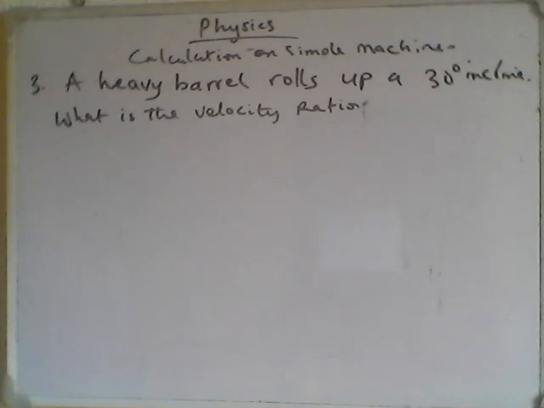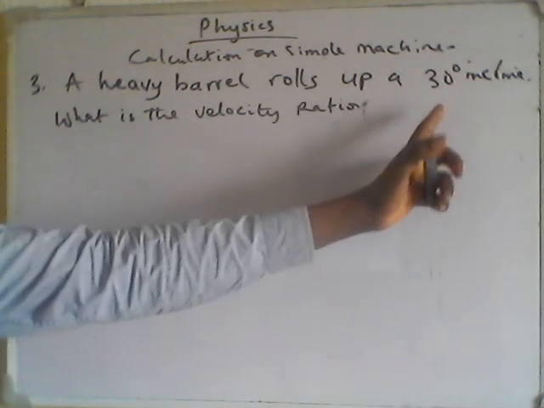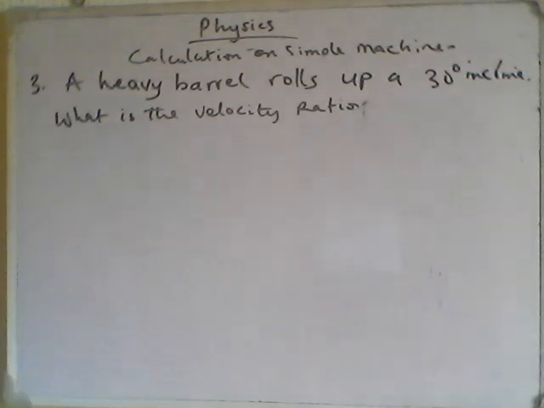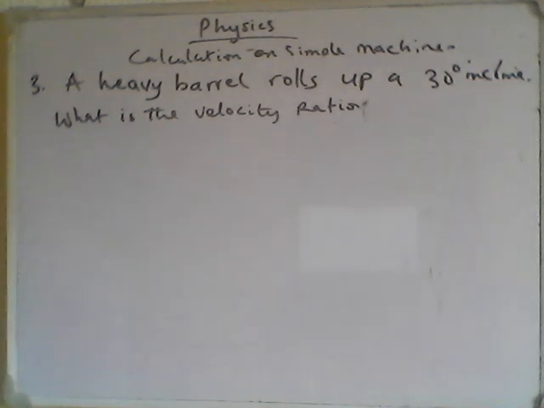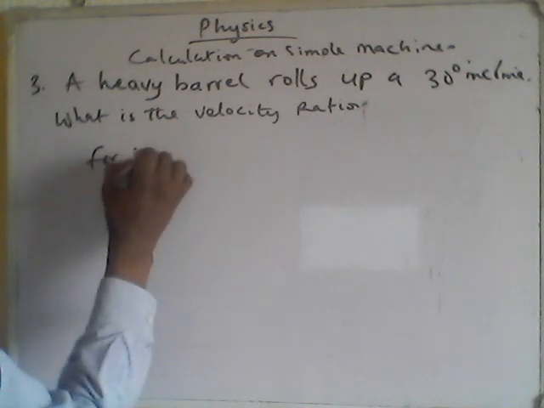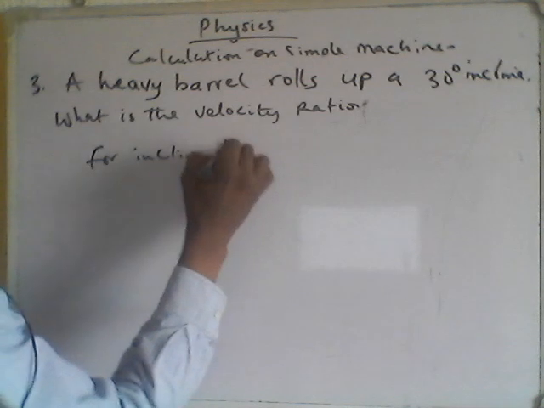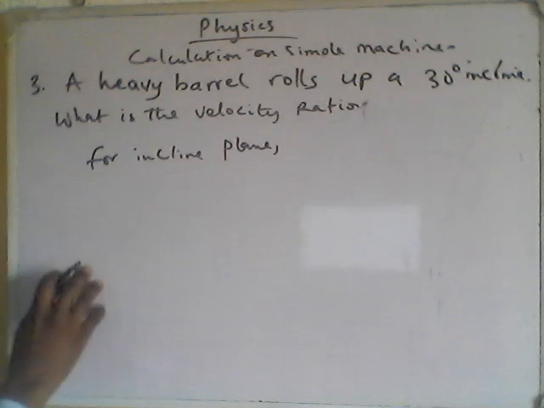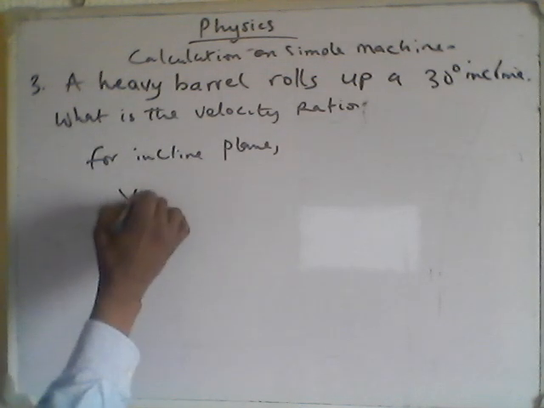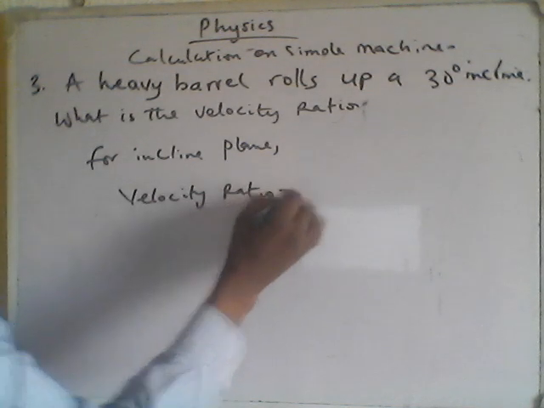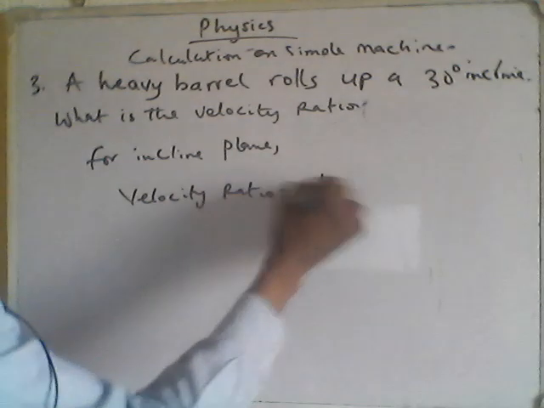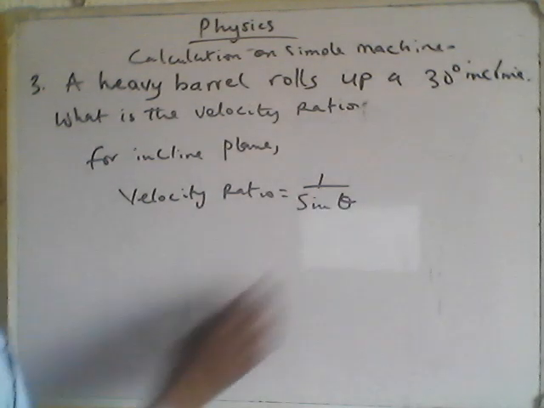Okay, so we have this question on the board. It says a heavy barrel rolls up a 30-degree inclined plane. What is the velocity ratio? So for an inclined plane, velocity ratio is given as 1 over sine theta.